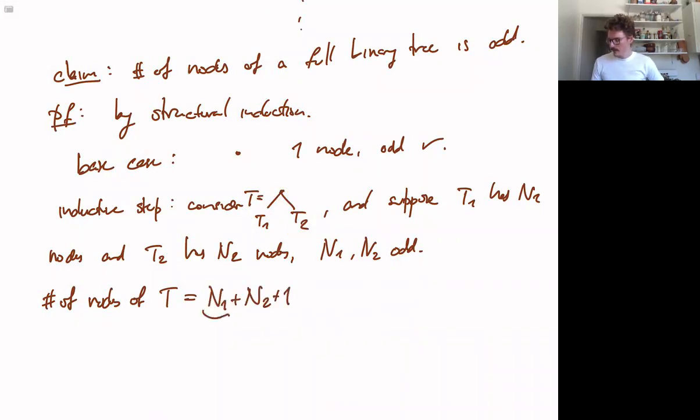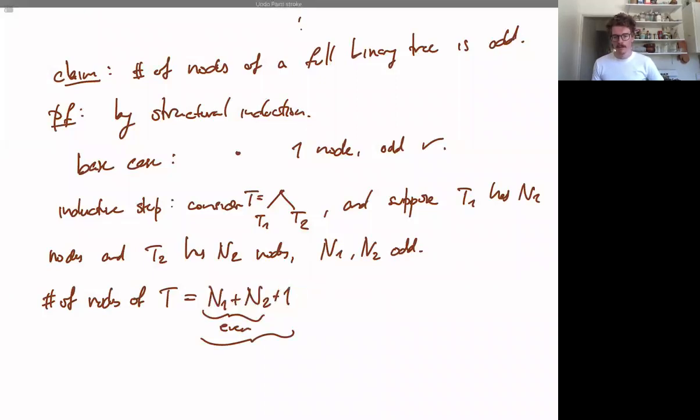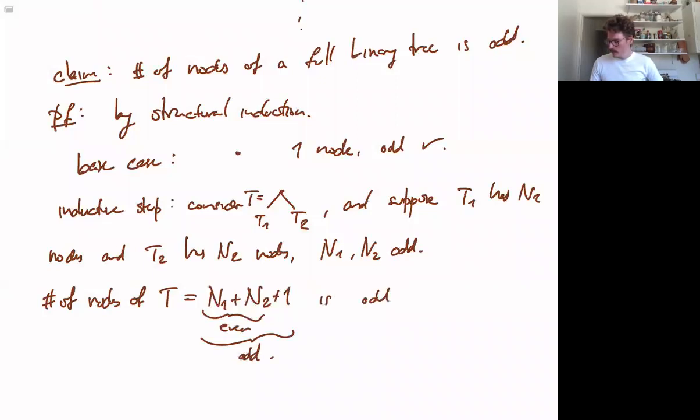And since these numbers are both odd, their sum is even. And then we see that we're adding an even number plus an odd number. Here's our odd number. So this is odd. So that completes the proof.